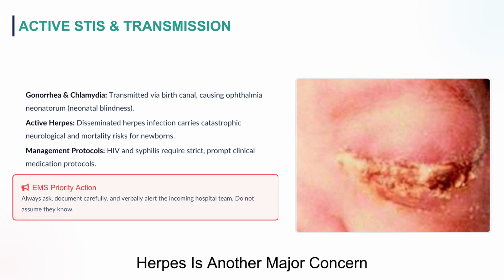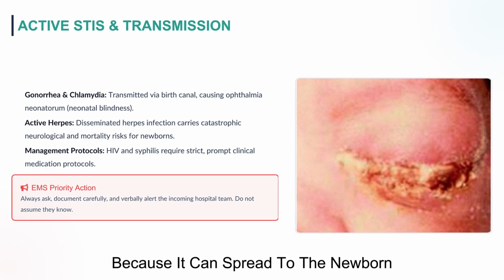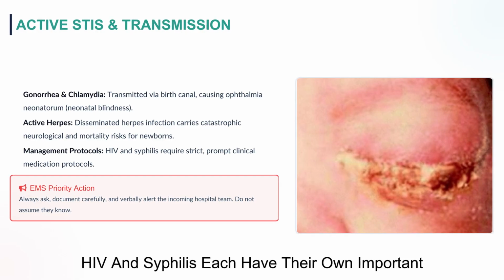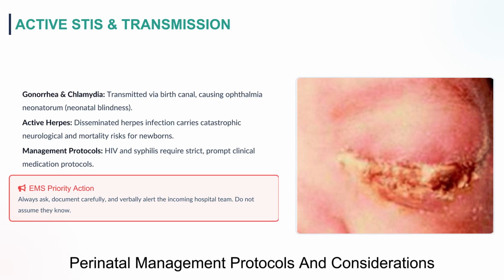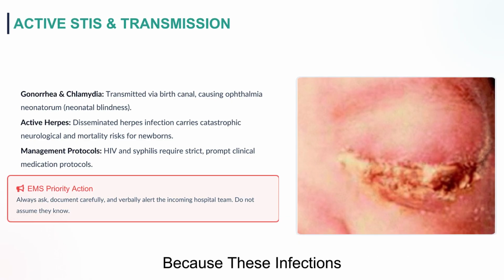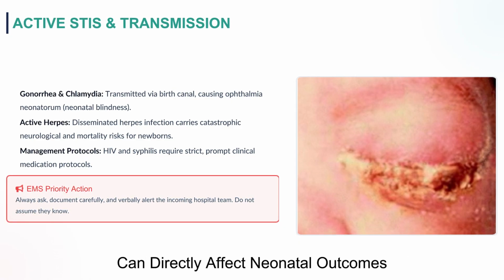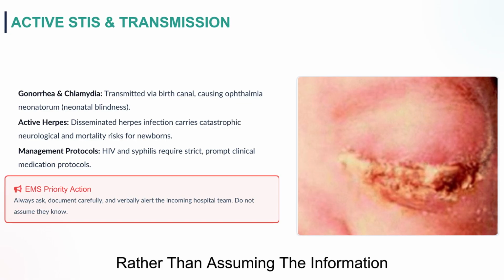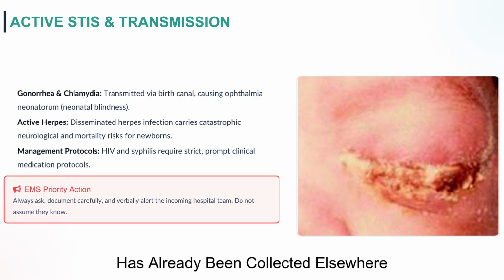Herpes is another major concern because it can spread to the newborn and cause devastating illness. HIV and syphilis each have their own important perinatal management protocols and considerations. Because these infections can directly affect neonatal outcomes, it is essential to ask about them rather than assuming the information has already been collected elsewhere.